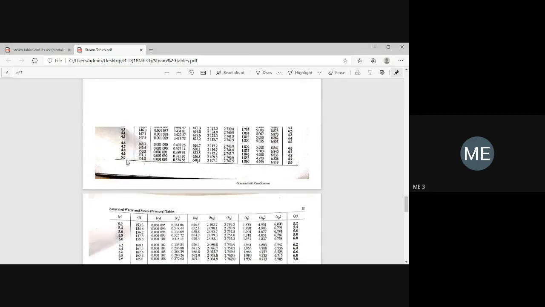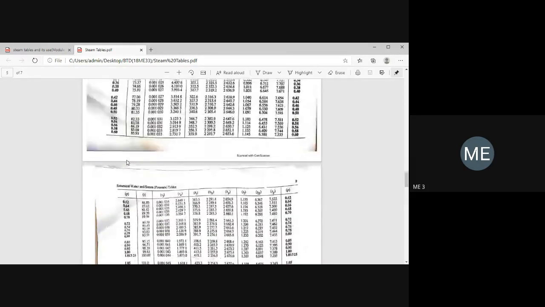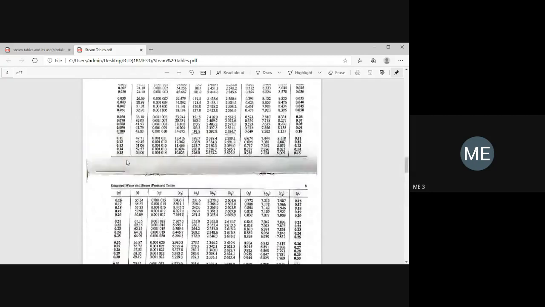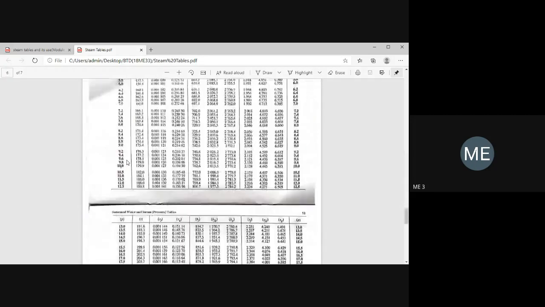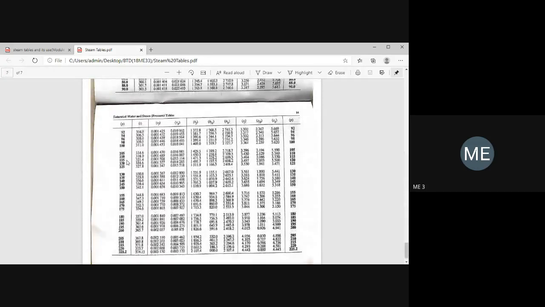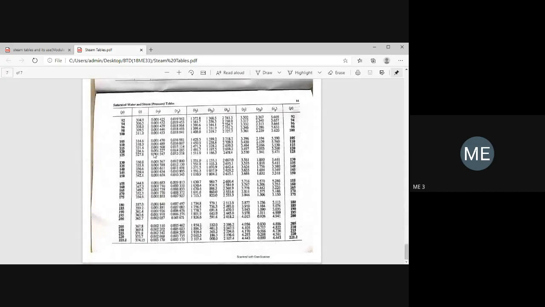The pressure varies from 0.001 bar up to 221.2 bar. This is all about the pressure based steam tables.